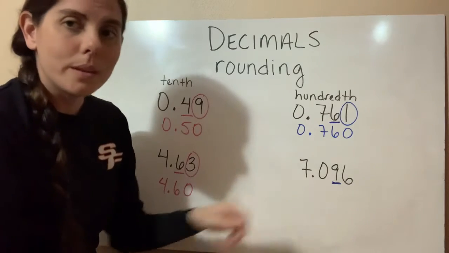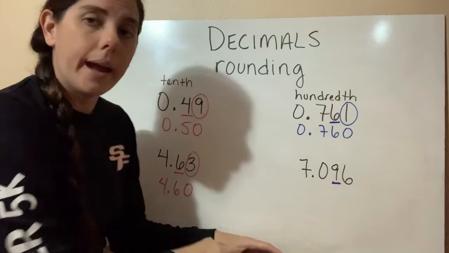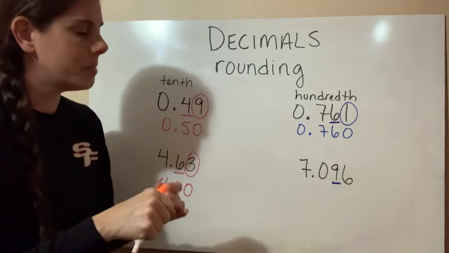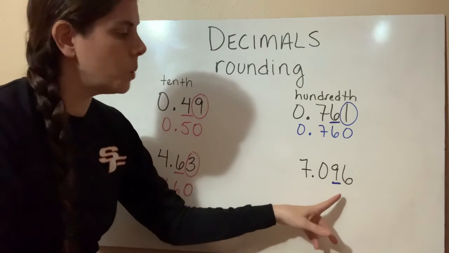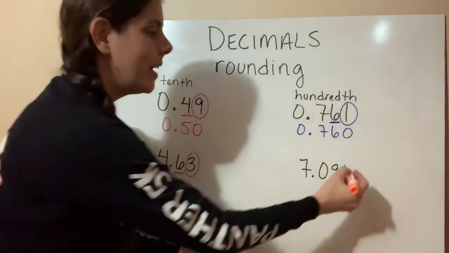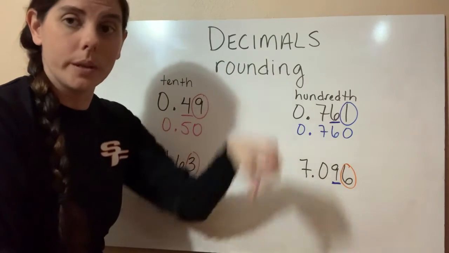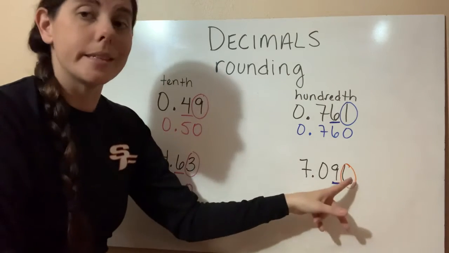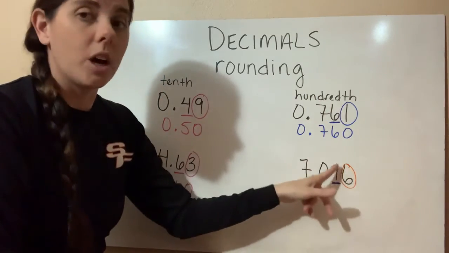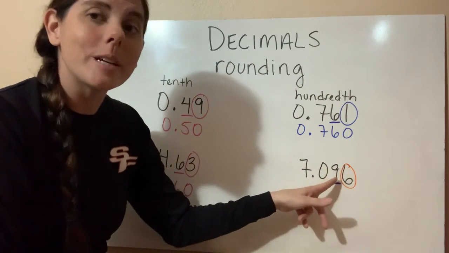Now this last one is a little tricky, but it's good to see what happens in some unique circumstances. Just like with whole numbers, this happens with decimals as well. We know we're rounding to the 9, correct? And we know that the 6 is what's going to tell us whether to go up or stay the same. Since the 6 is in the go up range, the 9 is going to go up to 10.